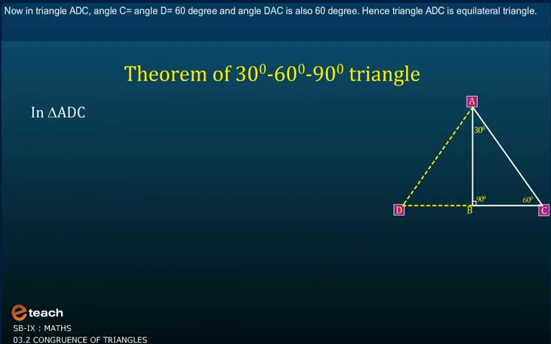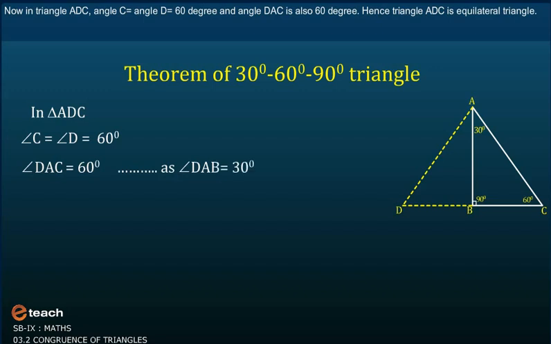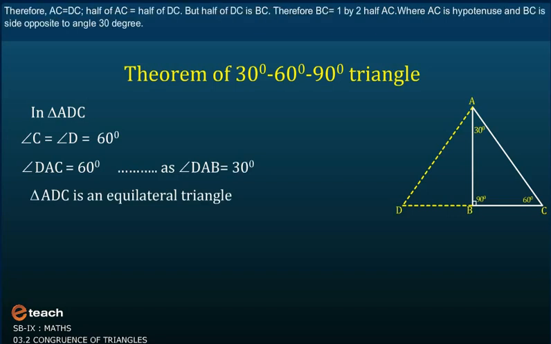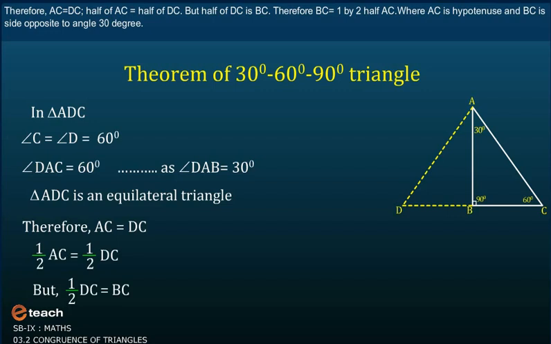Now in triangle ADC, angle C is equal to angle D is equal to 60 degree and angle DAC is also 60 degree. Hence, triangle ADC is an equilateral triangle. Therefore, AC is equal to DC, half of AC is equal to half of DC. But half of DC is BC.